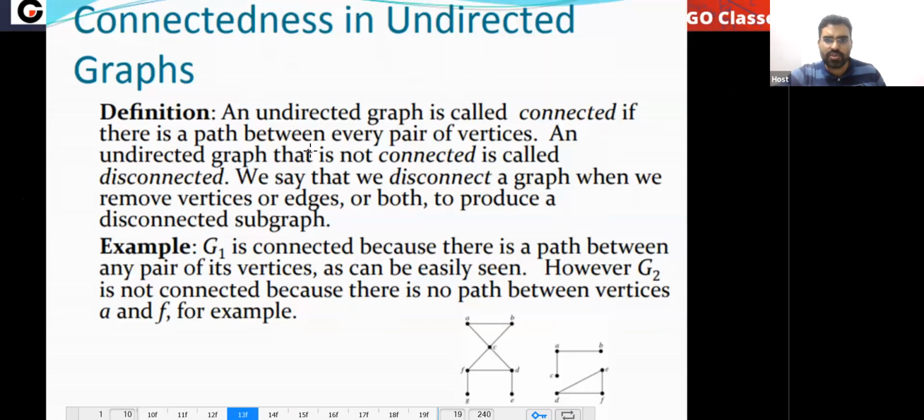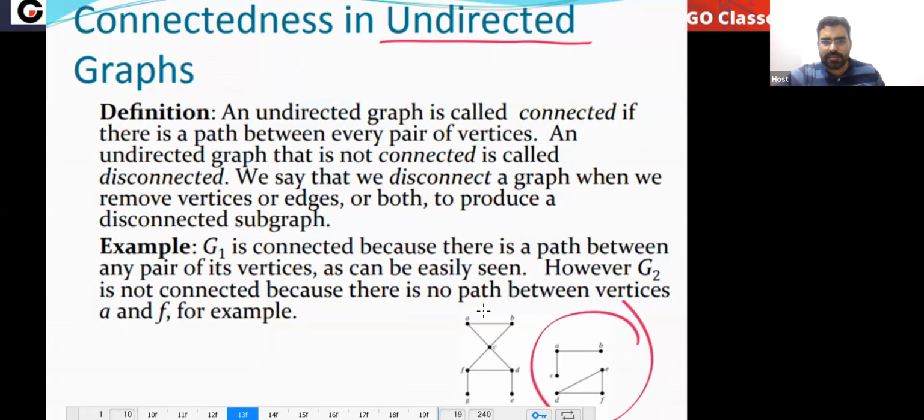So this is the definition. When can I say a graph is connected? What is the definition of a connected graph in undirected graphs? An undirected graph is connected if for every pair of vertices there is a path between them, else the graph will be disconnected. For example, look at this graph.